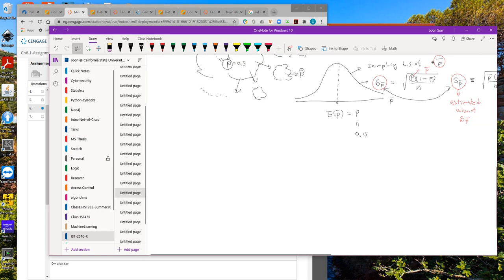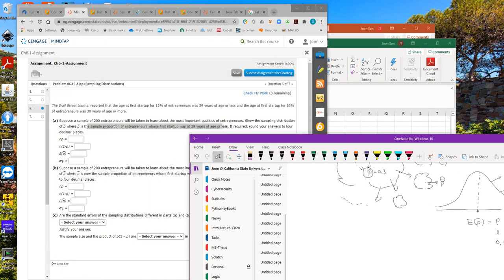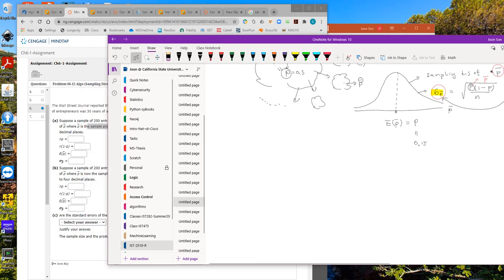When the question asks you to find the sampling proportions, basically they're asking you to find sigma p prime. But if you look at this problem, they're asking you to find the np.